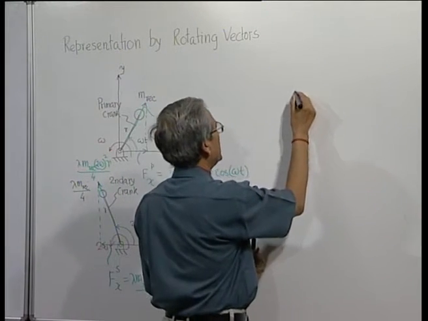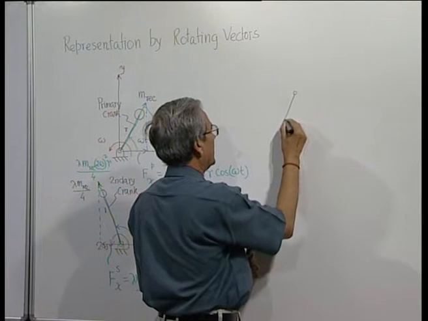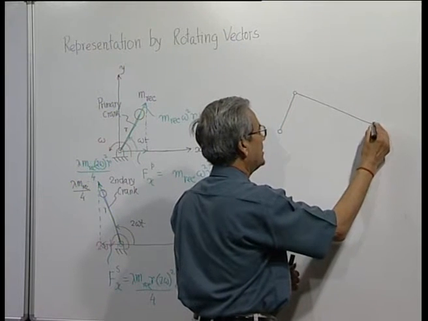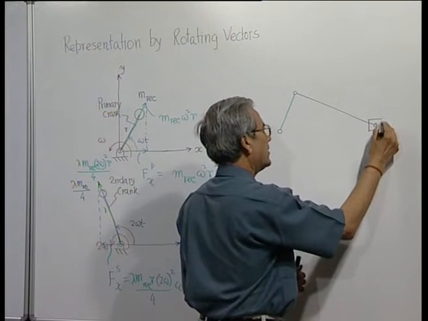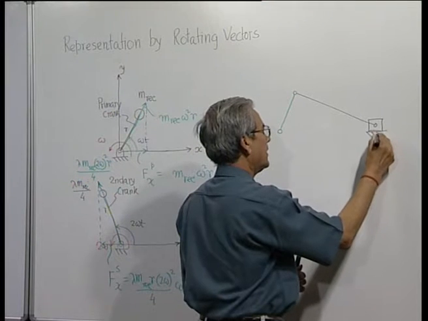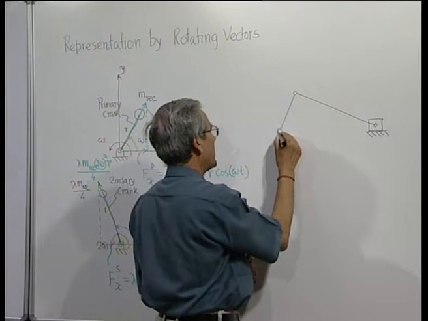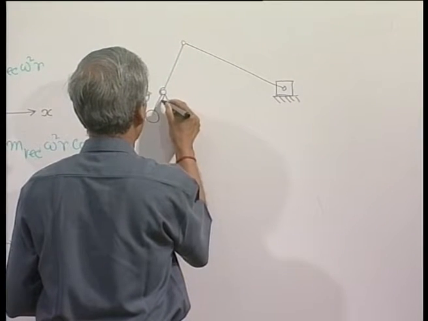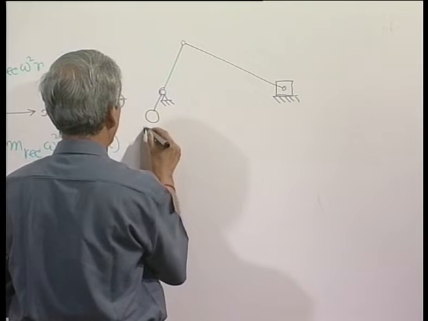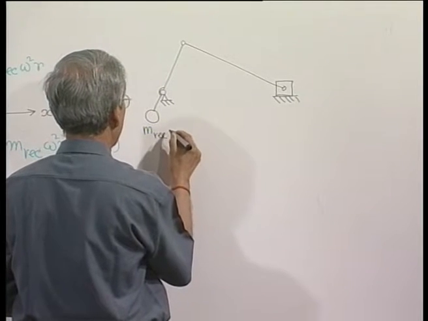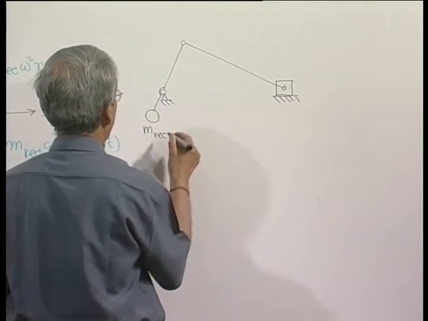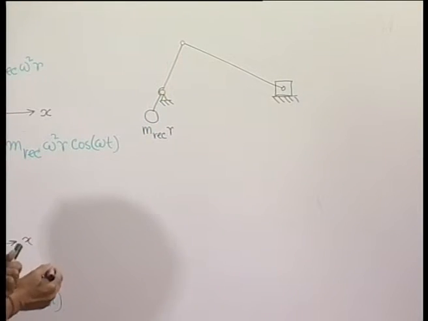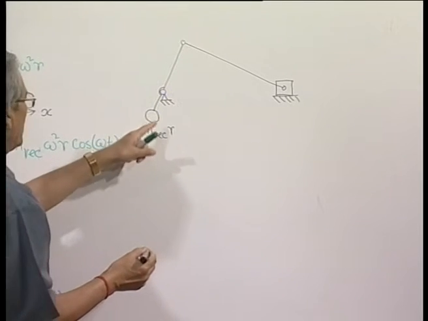That means, now let us see, this is our single slider machine. The rotary part has been already balanced by a counterweight, and I am now putting another counterweight, which is m reciprocating r. That means, the unbalance kept here, the product will be equal to this.